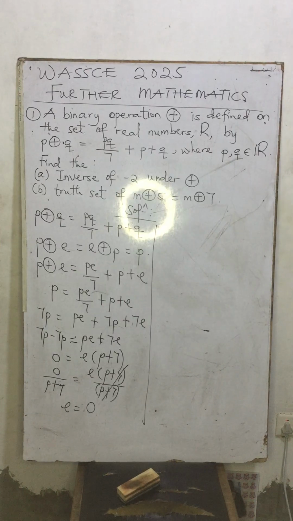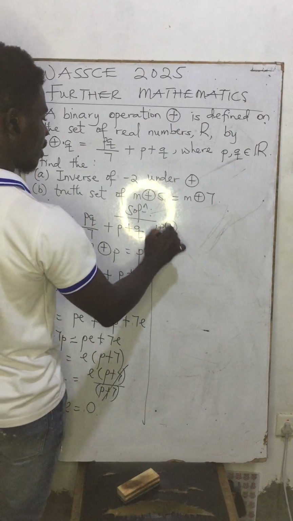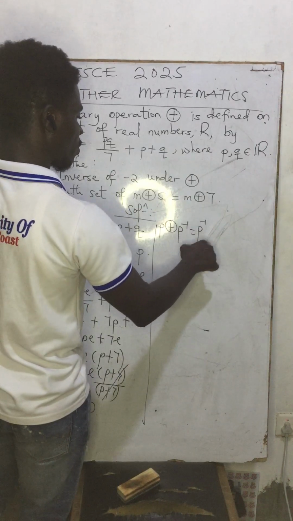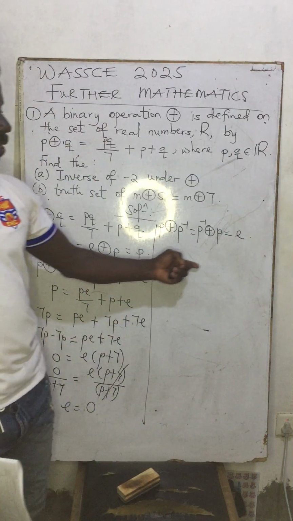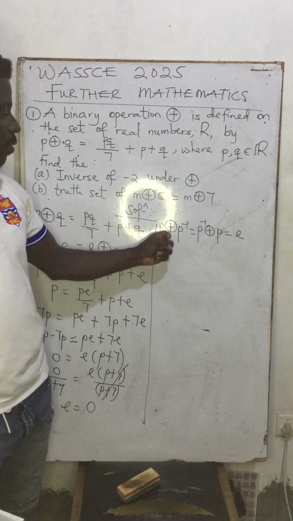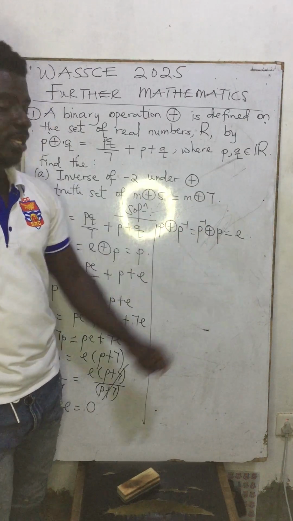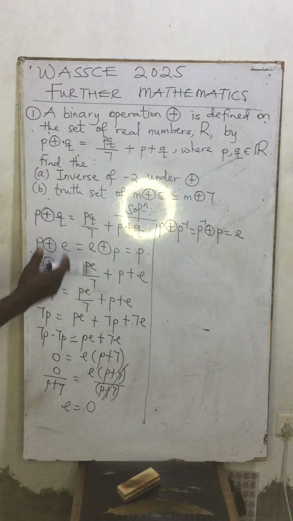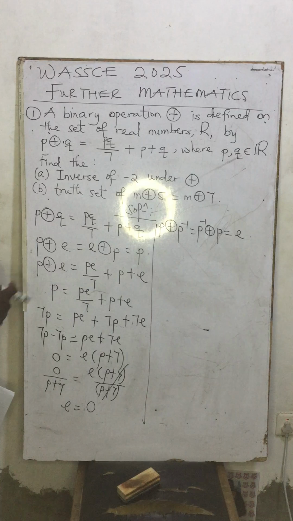For the inverse element, we have P operation P inverse equals P inverse operation P, and this equals E. This is the inverse formula, where P inverse is the inverse of P and is an element of the real number system.